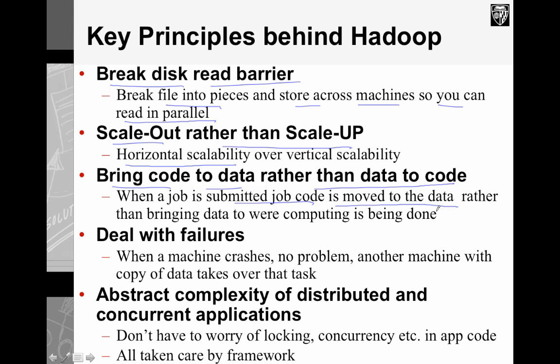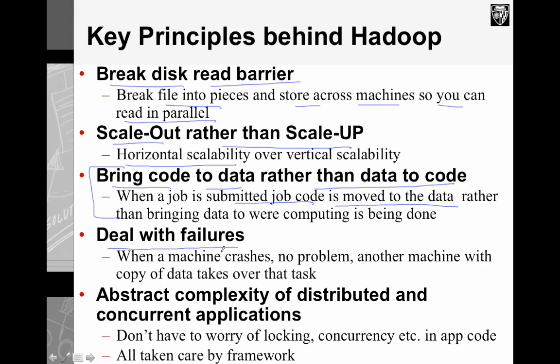In other words, you move the code to where the data is rather than move the data to where the code is. It's a paradigm shift. This is one of the greatest achievements of Hadoop, which is really big data processing. That is, move the code to data rather than data to the code.